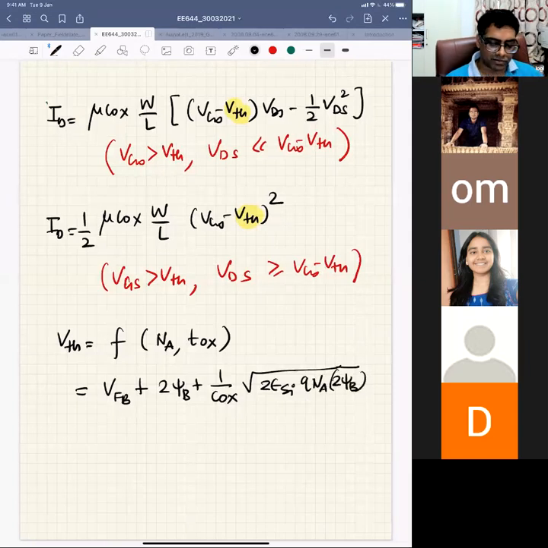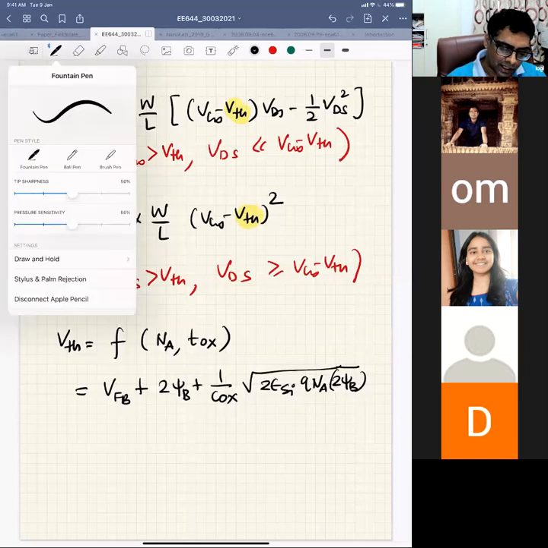So the threshold voltage is a function of your doping and oxide thickness. By changing the threshold voltage, you could change the current, and threshold voltage could be changed by changing the doping.